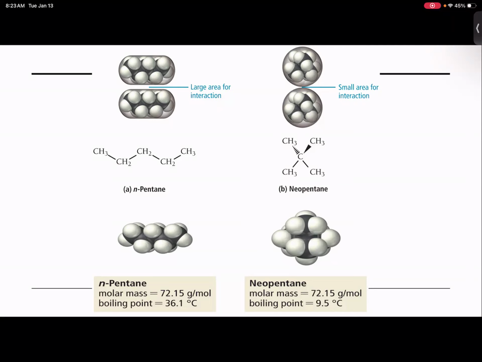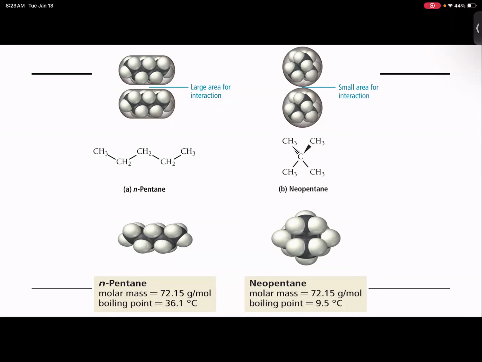So again, every single molecule, every single substance has dispersion forces. The strengths of those dispersion forces are based off of the size of the substance.